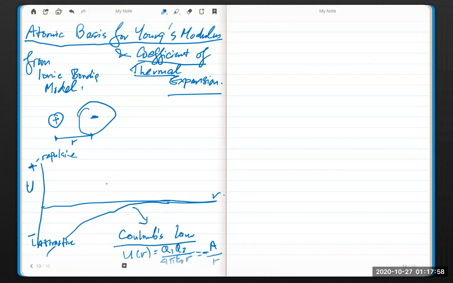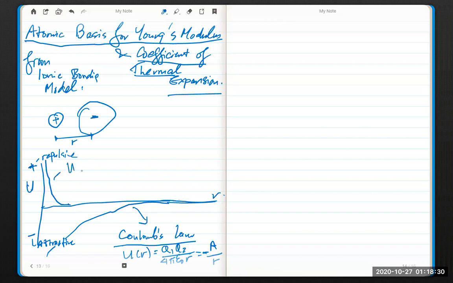But as R gets smaller and the ions get closer together, the electron clouds of the cation will mix with the electron clouds of the anion, and then suddenly there will be repulsion from the clouds. It'll start somewhere close and jump up very quickly, like this. So that's the repulsive energy, and as you can see, it's quite steep.